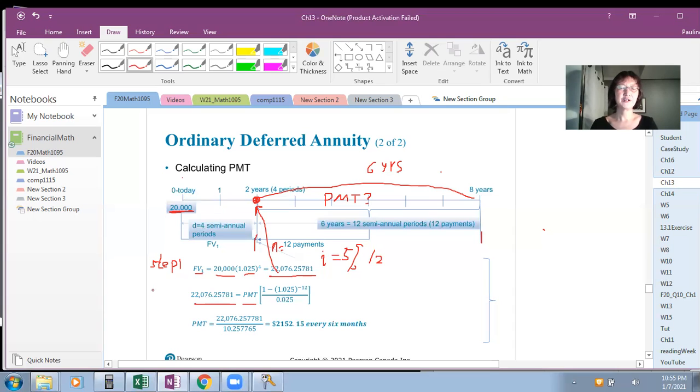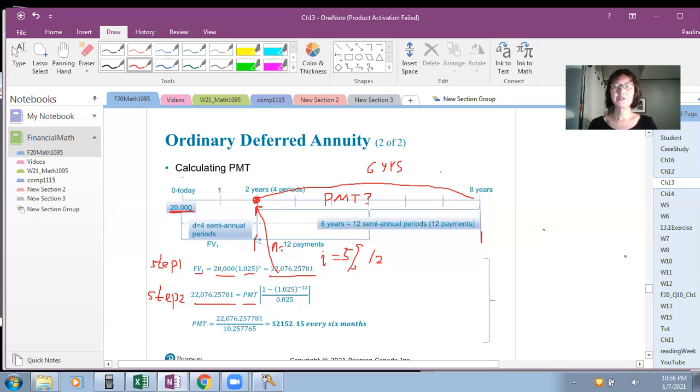So this is step 2, actually. This is the formula method.